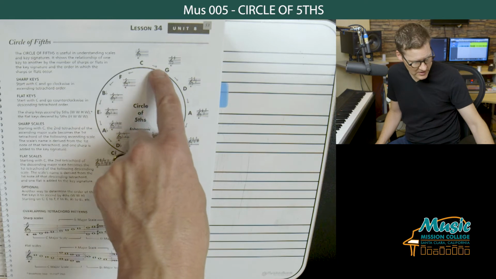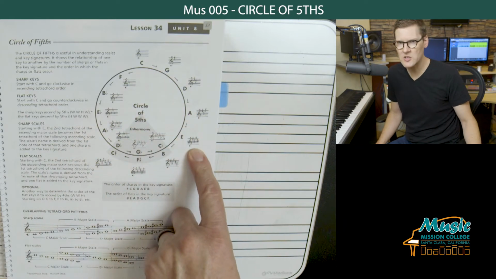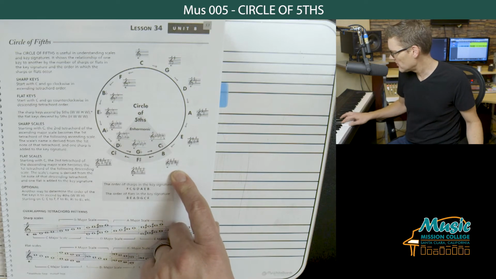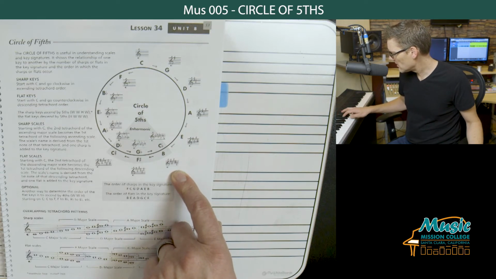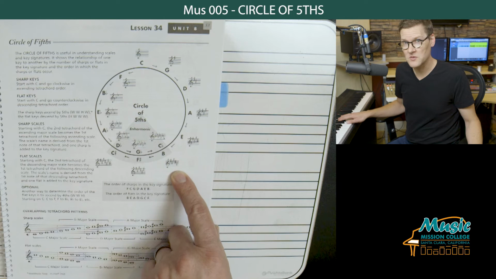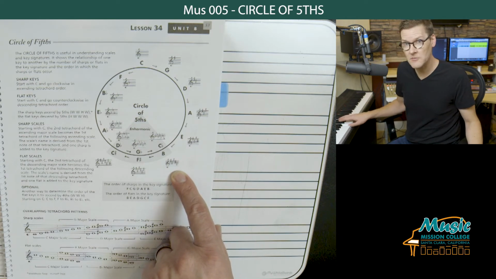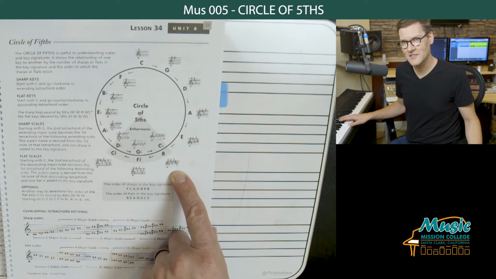So let's say we go to the sharp keys. Here's the key of E, which has 4 sharps. The key of B, starting here, has 5 sharps. And notice that if we start on a B, there is an enharmonic note for B, which is C flat, right?